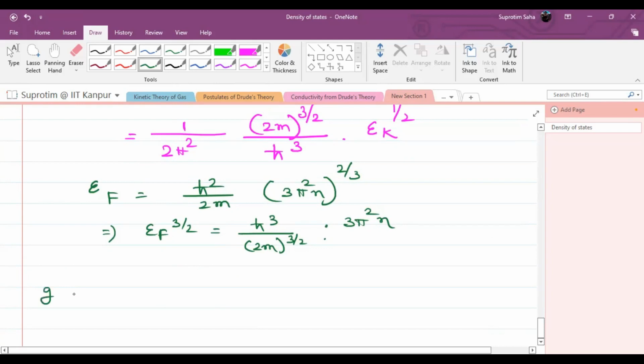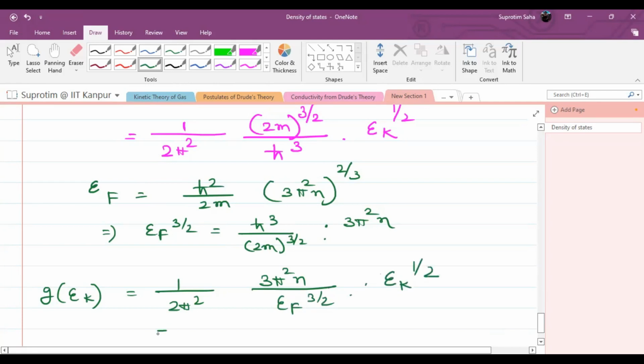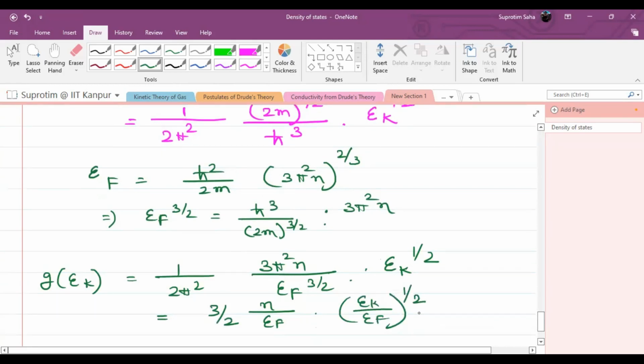So your G of Ek is 1 over 2 pi squared times 3 pi squared n over EF raised to 3 by 2 times Ek raised to half, which is again given by 3 by 2 n by EF times Ek by EF raised to half.